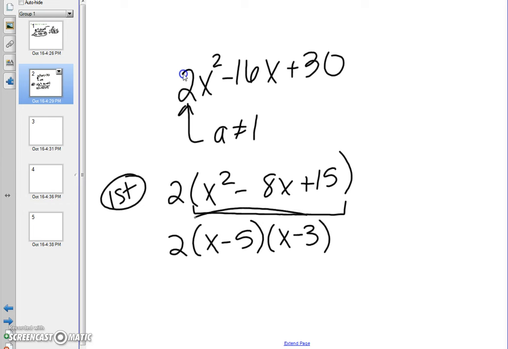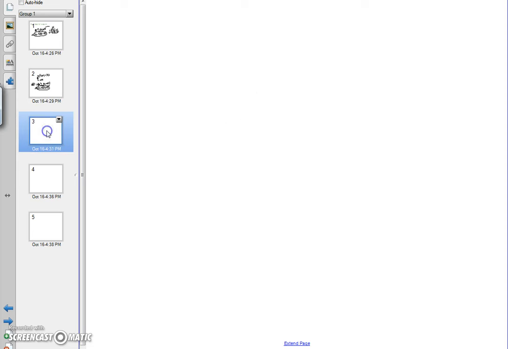So first we want to see, is there anything we can factor out to make that trinomial a little bit simpler so we're not working with bigger numbers. And after we get a trinomial to be where A is 1, we can factor like we know how to. Sometimes we'll have examples that look a little bit different, like this one.